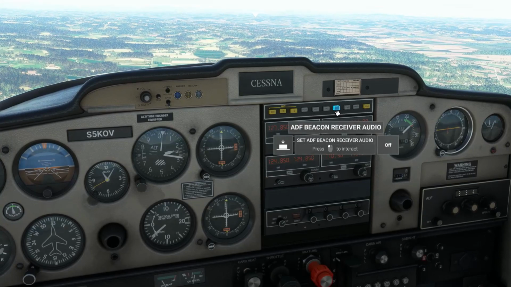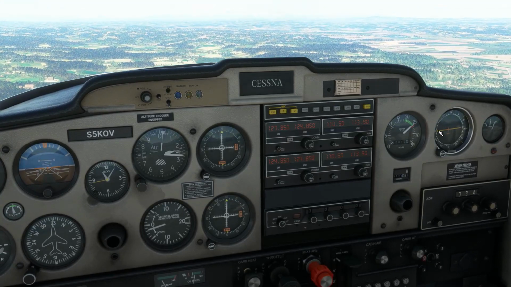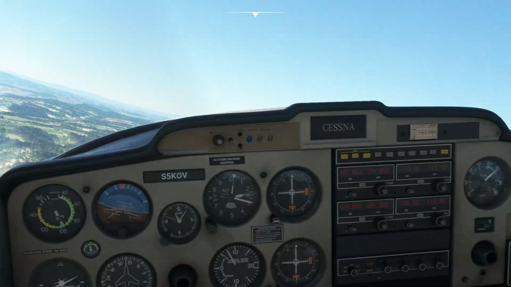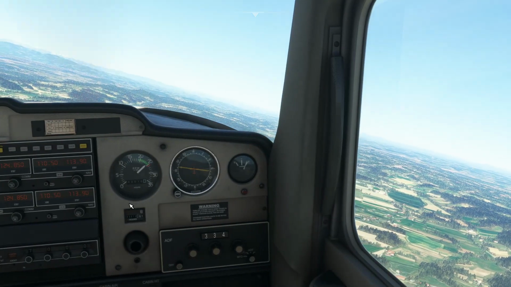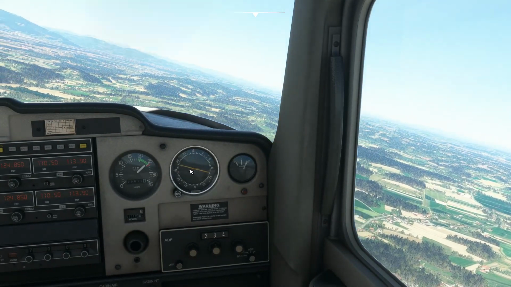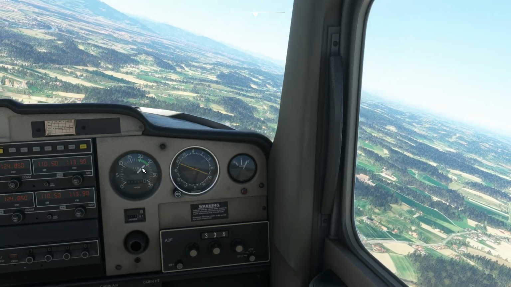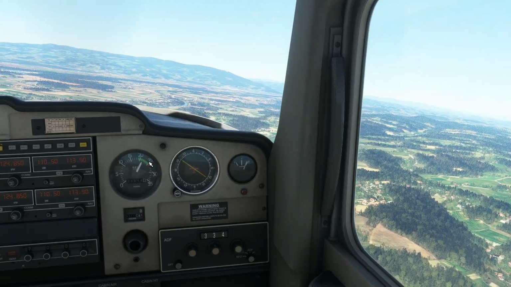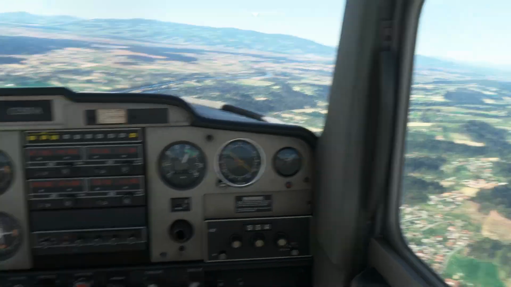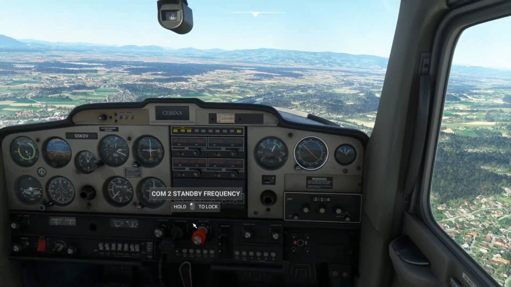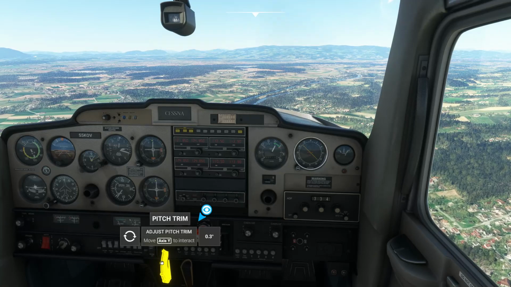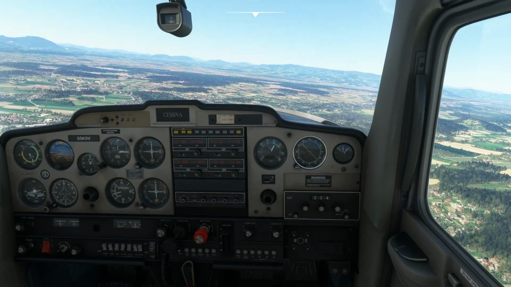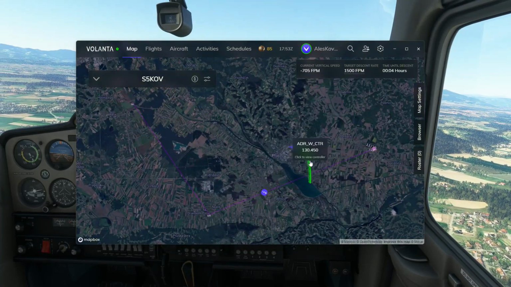Are we correct? Okay, we have the index showing us at 9 o'clock, so I will turn so long that my aircraft will be aligned with this needle. So I will arrange my Cessna to fly. So now we are flying towards it.